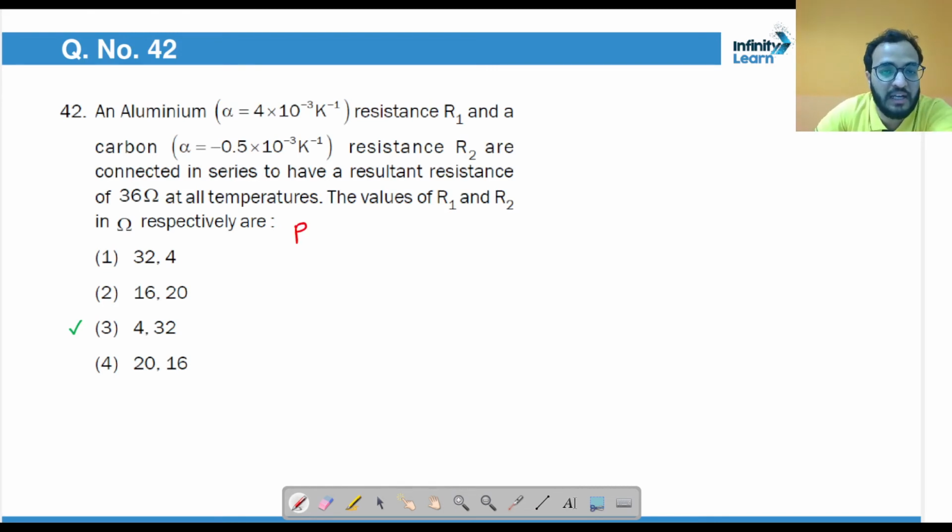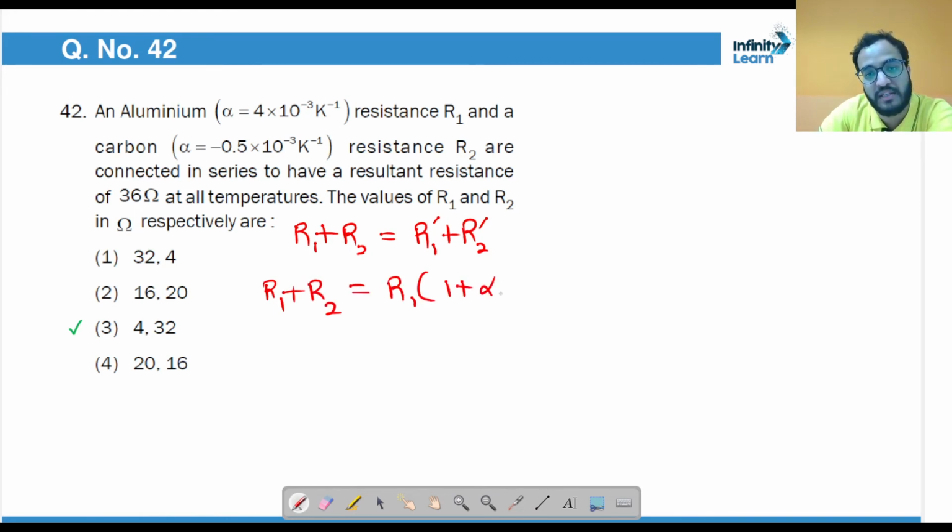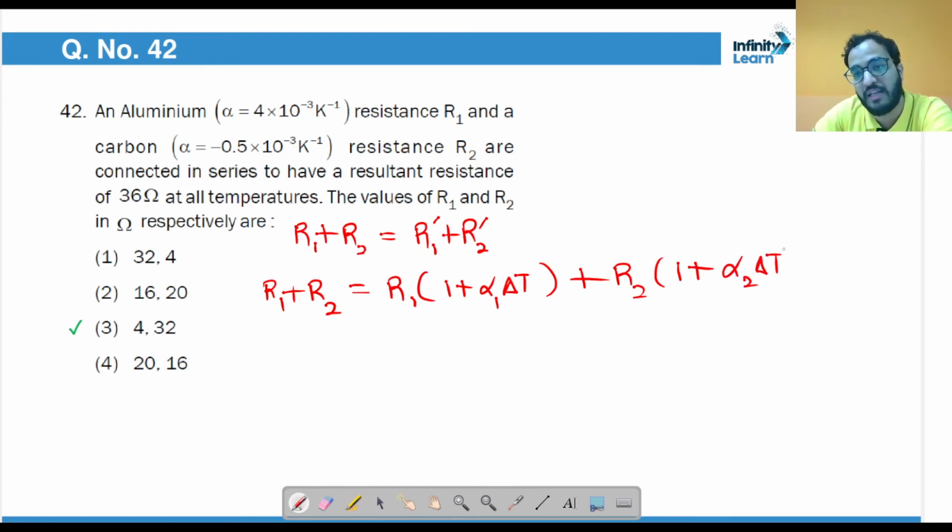They are saying that R1 plus R2 is equal to R1 dash plus R2 dash always. So R1 plus R2 is equal to R1 into 1 plus alpha 1 delta t, plus R2 into 1 plus alpha 2 delta t.